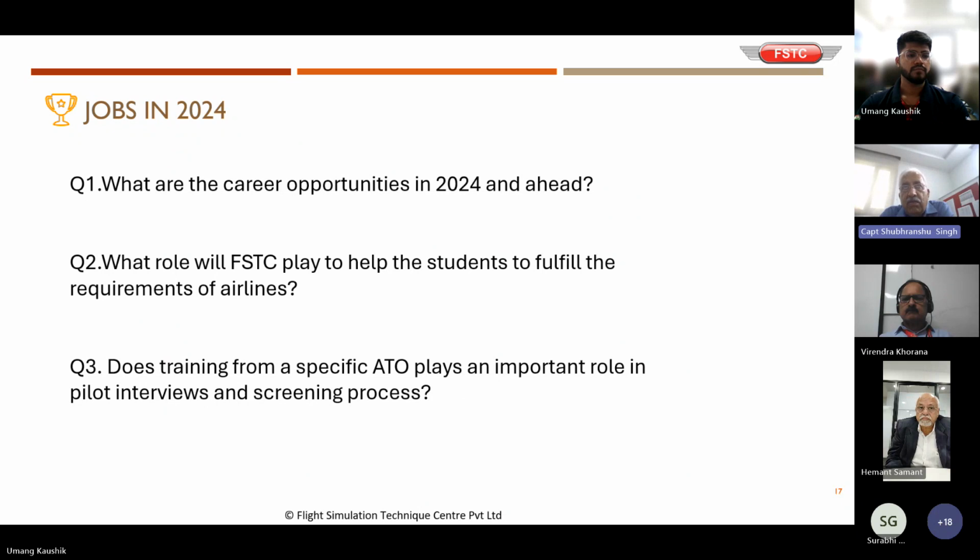There we had to grill them more, because we know that if we get him admitted into our airlines, we have to work much harder. We have to spend more money, more teaching hours on him. And so we were apprehensive and skeptical about taking a pilot who has done his training from abroad.